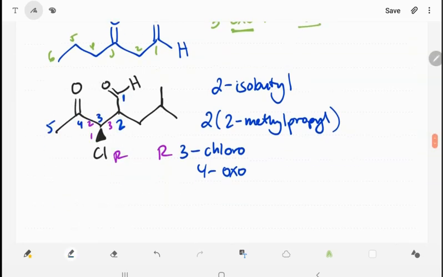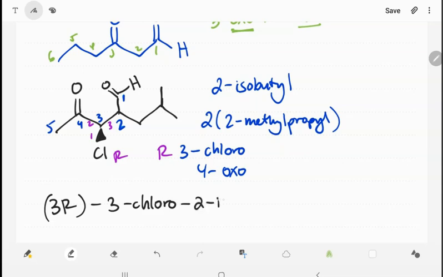So here we go. We've got 3-chloro, 2-isobutyl, 4-oxopentanal. And that would be how we would name this thing.